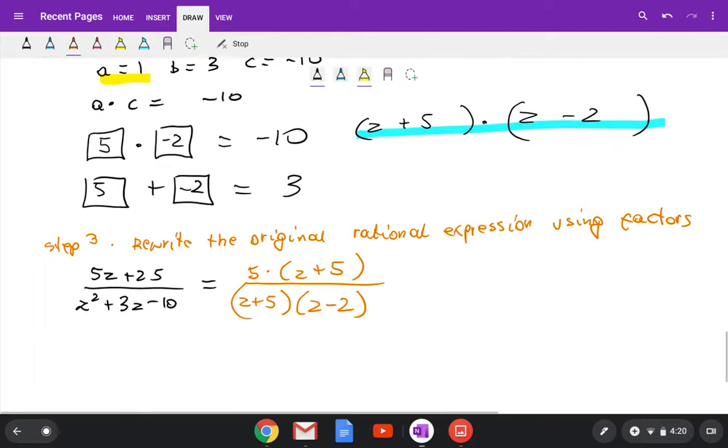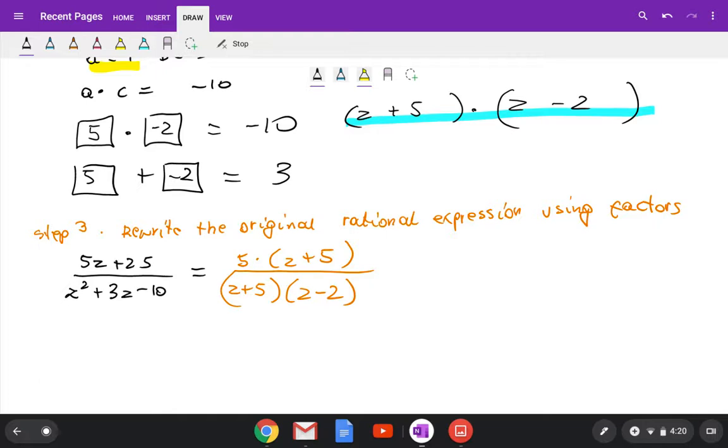Okay, so what are you going to do next? Step 4: cancel the repeating factors or expressions, whatever that is.